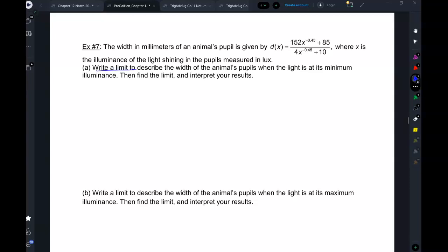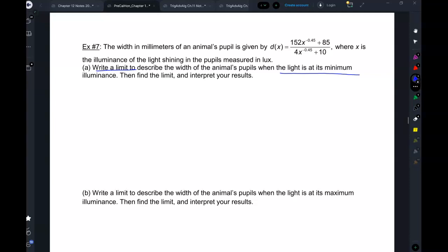So it says to write a limit to describe the width of the animal's pupil, and remember the width is d of x, when the light is at its minimum. Okay, so what is the light here in the problem? x is the illuminance of the light shining in the pupils, right?